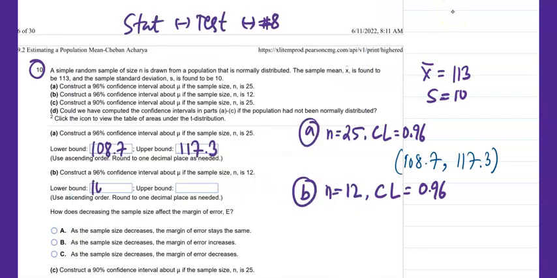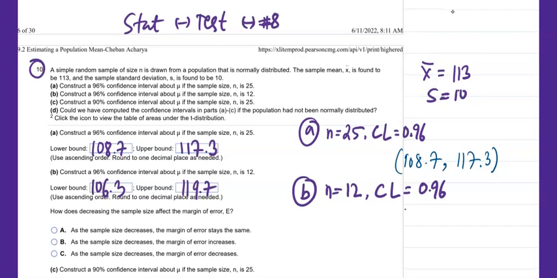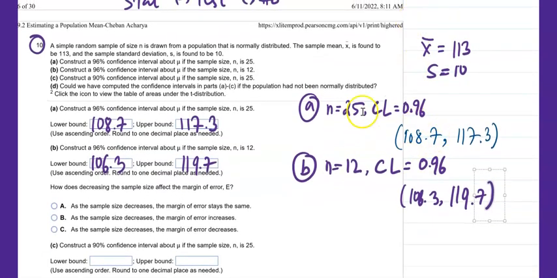So the interval is going to be 106.3 and 119.7. So what happens here if you decrease the sample size and keep the confidence level the same? What happens to the interval?